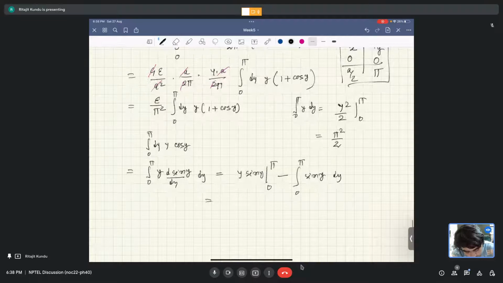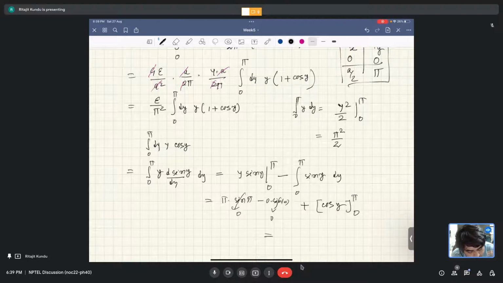So the first term will give you pi times sine pi. Okay, sine pi is 0, and then 0 times sine of 0 will also give you 0. Then this integration will give you cos y, and additionally plus, you are left with the limits pi and 0.